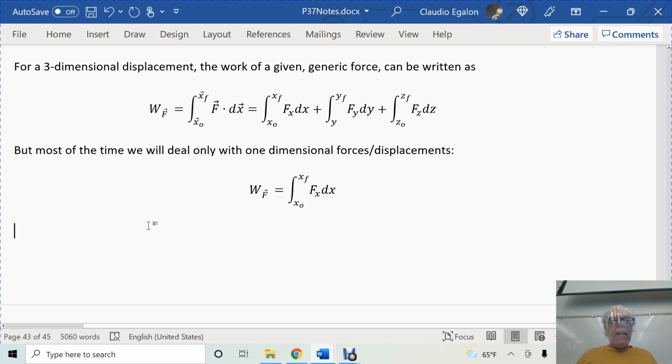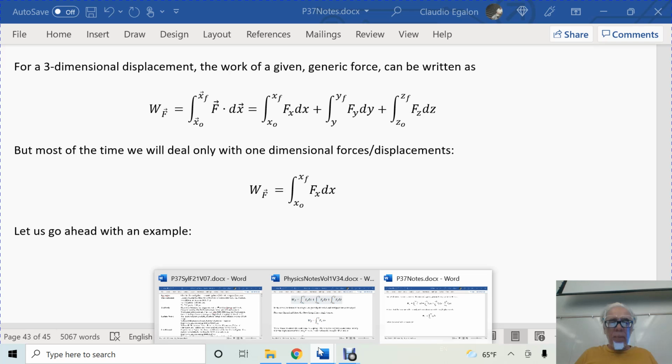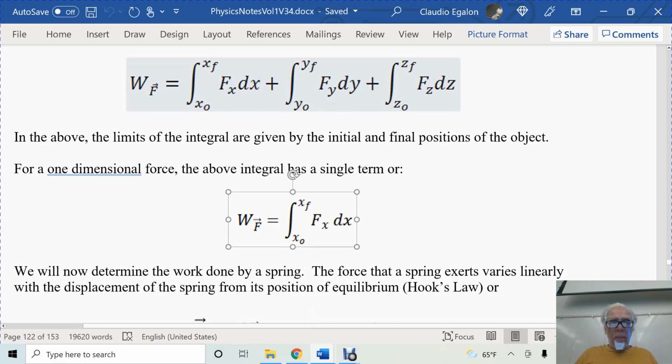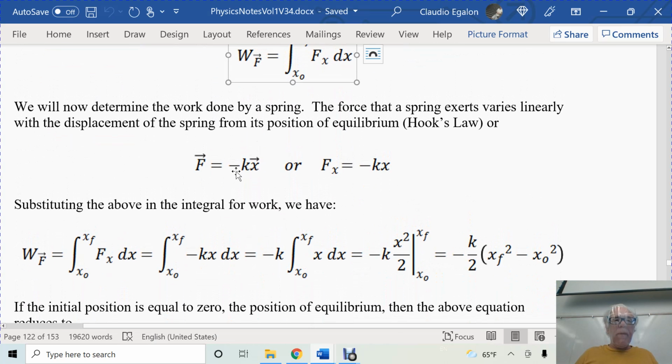Let us go ahead with an example. Let's go ahead with this example right in here.